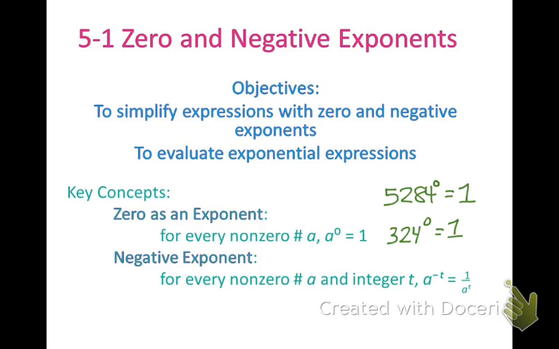Now, if you have a negative exponent, for every non-zero number, a, remember this is any number that's not a zero, and an integer, t, so it could be a negative or a positive. If it's a negative exponent, it will switch into a fraction. So if I made this a fraction, a to the negative t power over 1, what we would do is switch it.